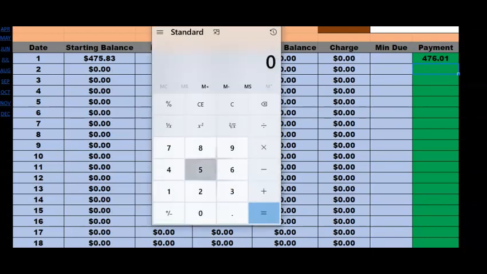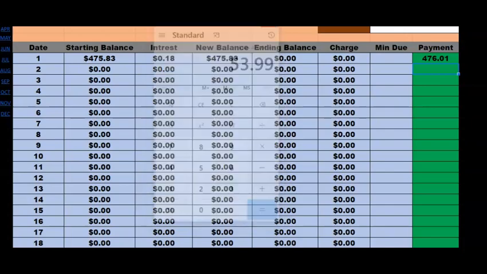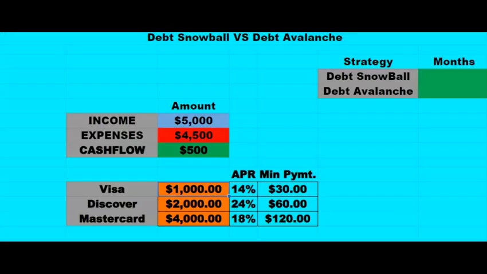So we had our $530 payment, and we subtract the $476.01. We have $53.99 available left over. So this Visa card is paid off in 2 months.